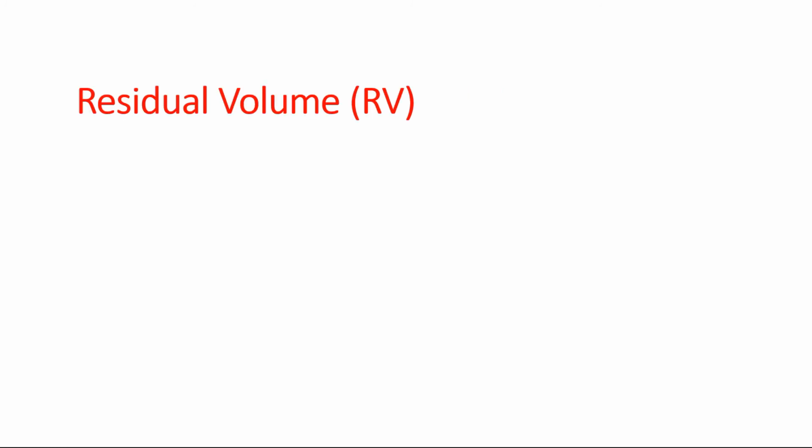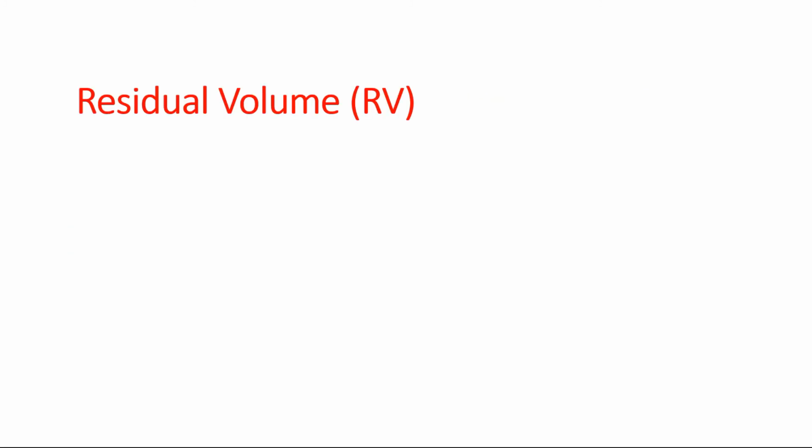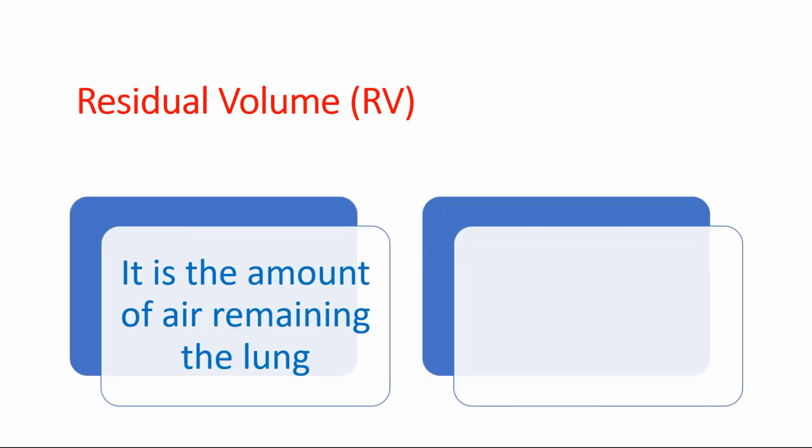So after we make passive exhalation, we make more forcible exhalation to give the expiratory reserve volume. So, do you think that your lung is empty now? No, your lung is not empty now because you still have some air in your lung, and this is called the residual volume.